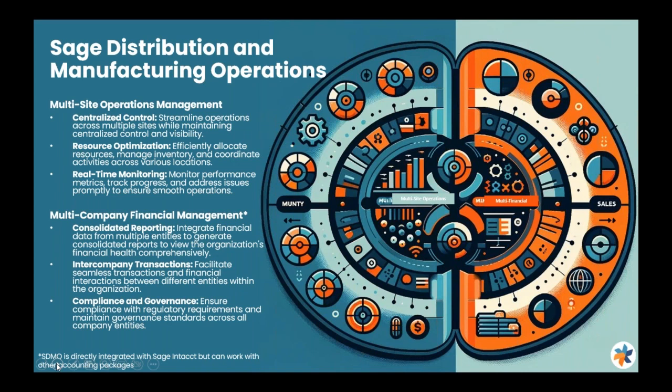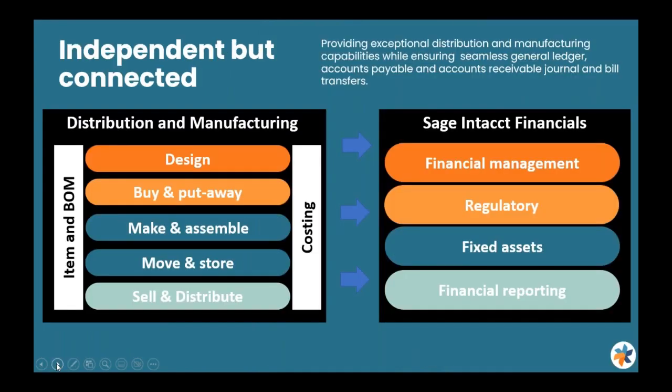And so SDMO also has the capability of being standalone. But if you're leveraging it with Intacct, you'll see we've got the multi-company financial reporting. We've got intercompany transactions, compliance, and government. So if you've just outgrown your accounting package all around, SDMO directly does integrate with Sage Intacct. Next slide.